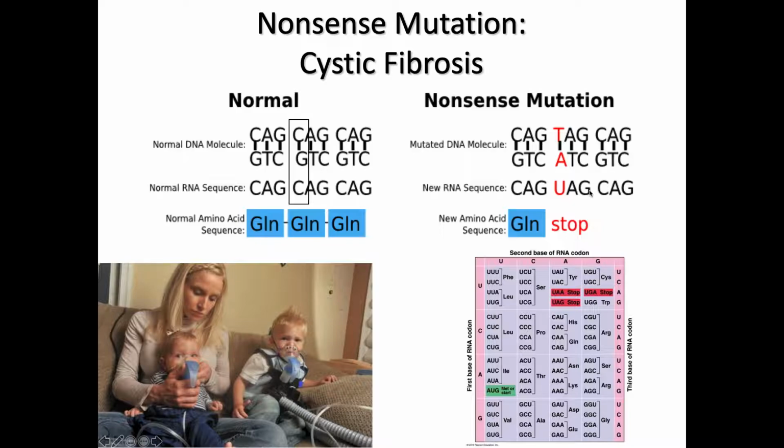And UAG codes for a stop codon. So now the ribosome will think the amino acid sequence needs to stop. Originally it was supposed to make glutamine, etc., but the amino acid sequence stopped prematurely, because now that codon codes for a stop codon.